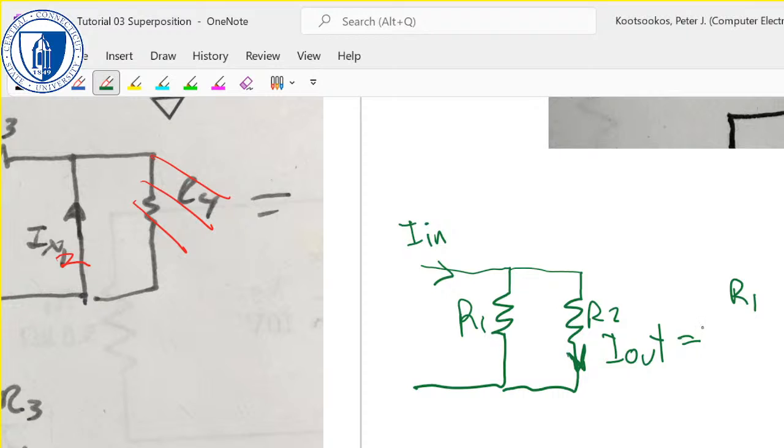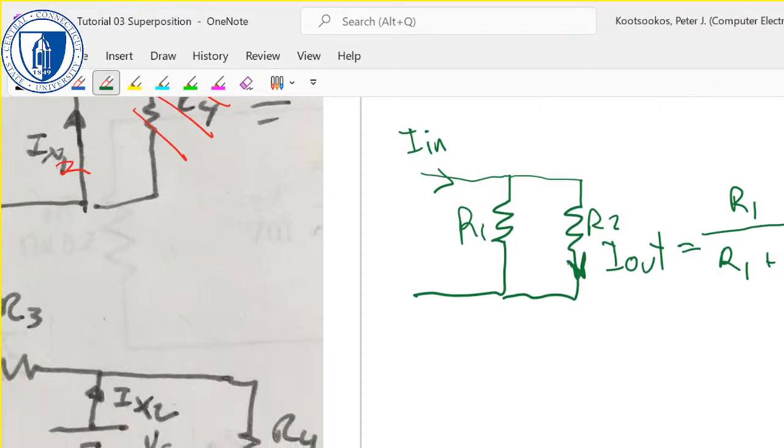So it's R1 divided by R1 plus R2 times I in. Okay? Now, it gets more complicated when you've got more resistors.